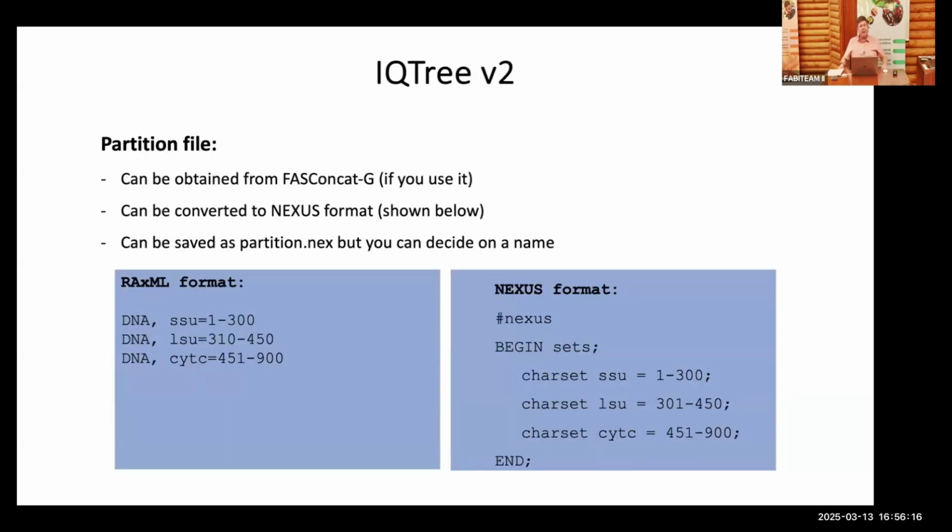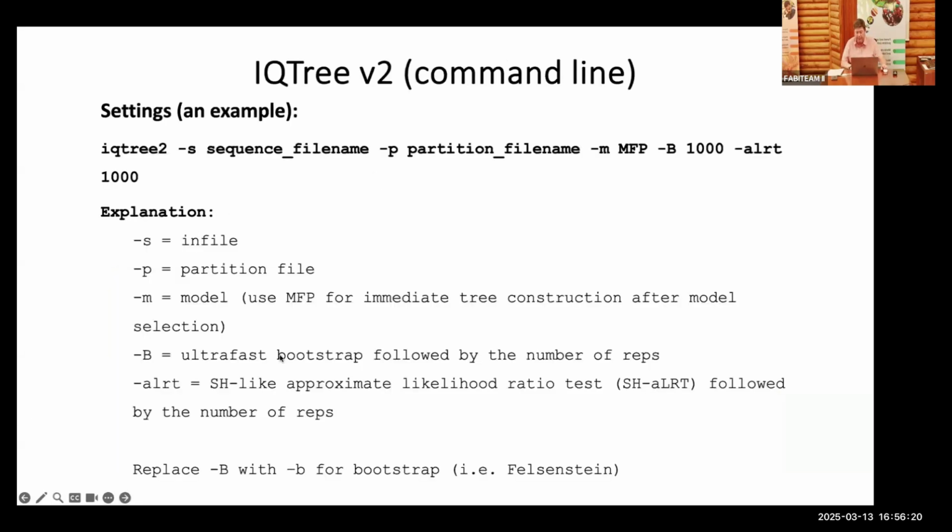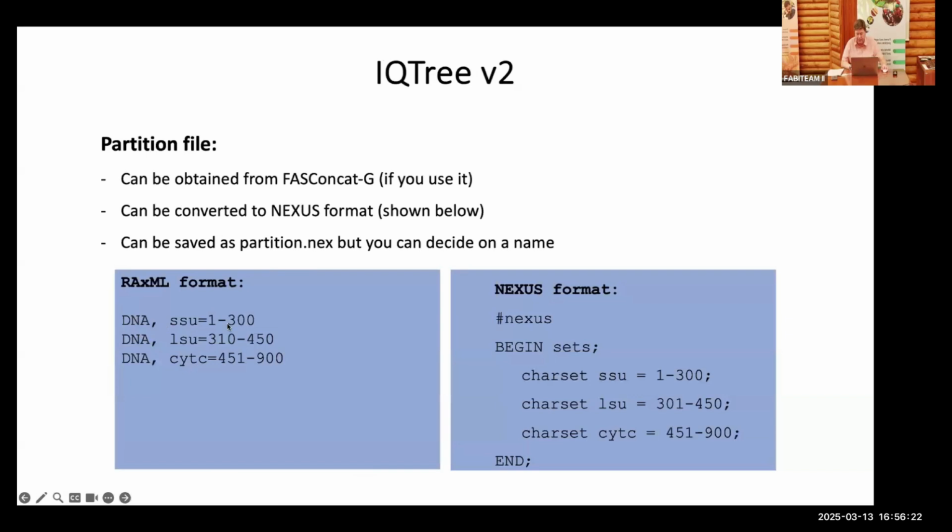Okay, your partition file can be in two formats. Directly from XML format, as was given to us, or output from XML. So it starts with DNA because this is DNA sequence data, comma, space, and then a name for the partition and a range.